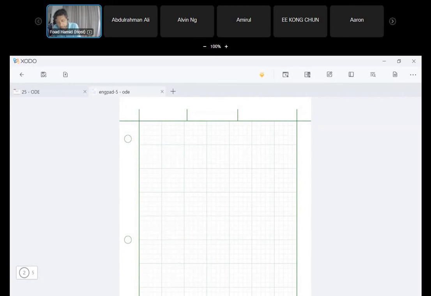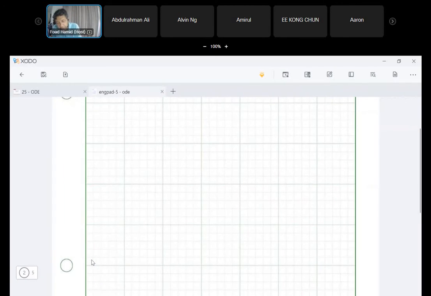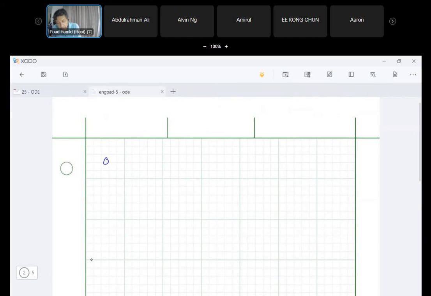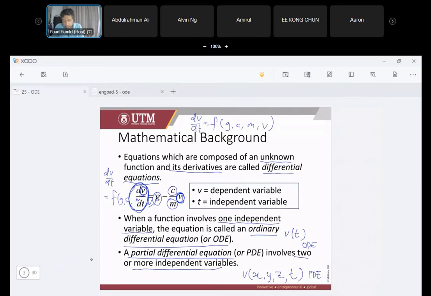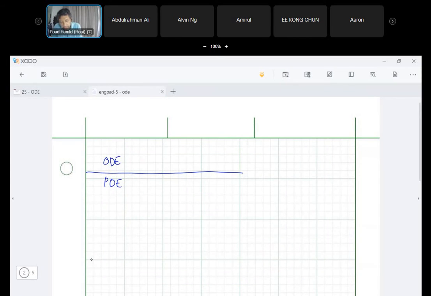Okay, so what we can summarize is ODE and PDE. We are going to talk about ODE first before we go to PDE. So this is an ODE. This is the form of an ODE, for example, dv dt is a function of x and y.